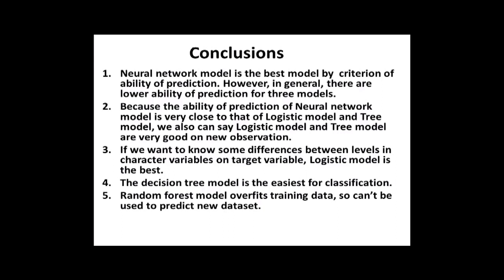If we want to know differences between levels in character variables on the target variable, the logistic model is the best. 4. The decision tree model is the easiest for classification. 5. Because the random forest model overfits the training data, we cannot use it to predict a new dataset.